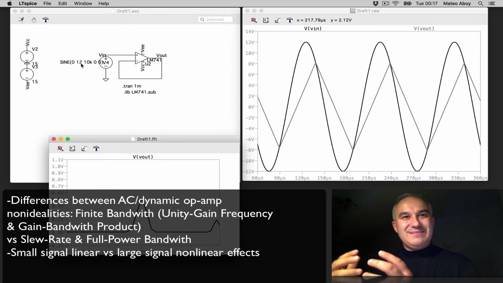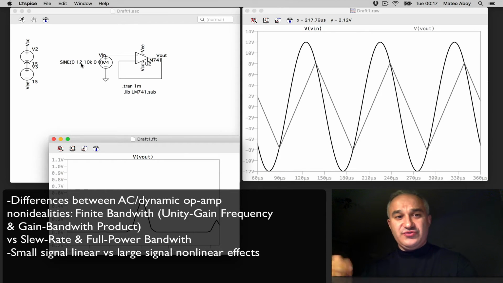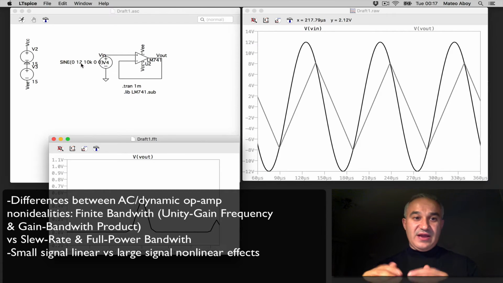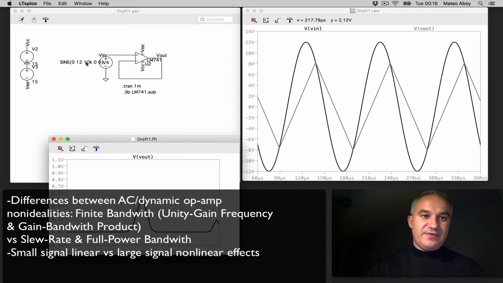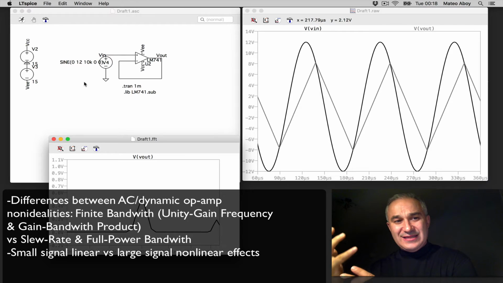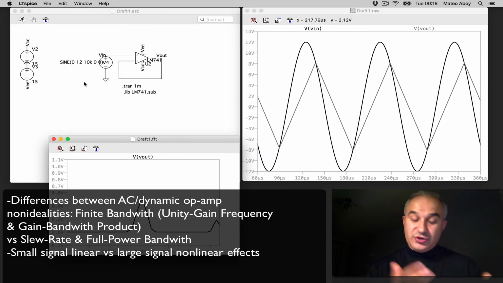But you are doing that at the sacrifice of the offset voltage, for instance. And so, same thing. You may want very high bandwidth, very high slew rate, very low offset voltage, etc. Your job as a designer is just to choose the operational amplifier, and if one characteristic is optimized, the others, or some of the others, may be not as good.